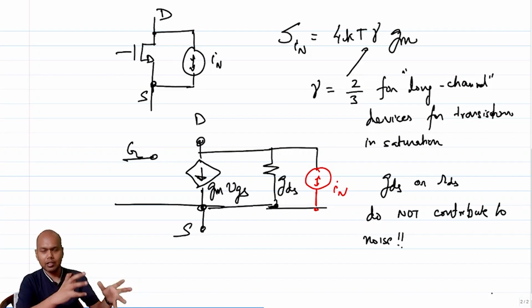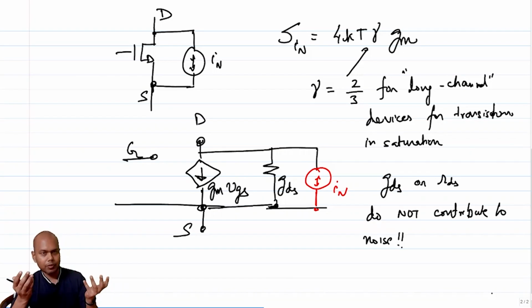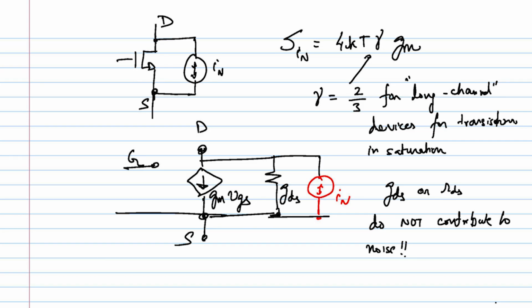They are not a physical resistance that is present. The GDS or the RDS is basically a model of how the channel charge profile changes if you wiggle VDS, right? So it's not a physical resistor. The source of noise in a transistor is the thermal noise fluctuation in the channel, and that is essentially modeled by this red colored current source IN.